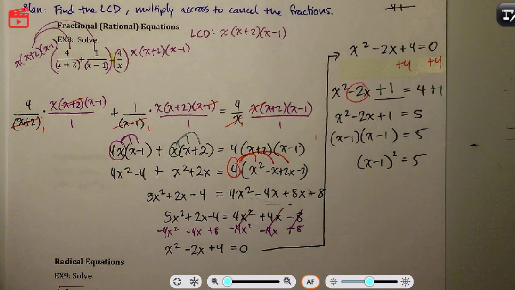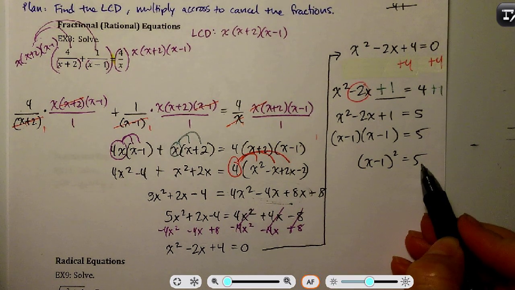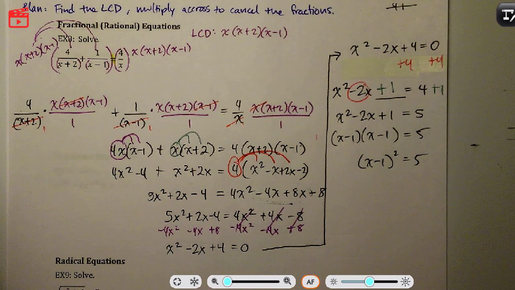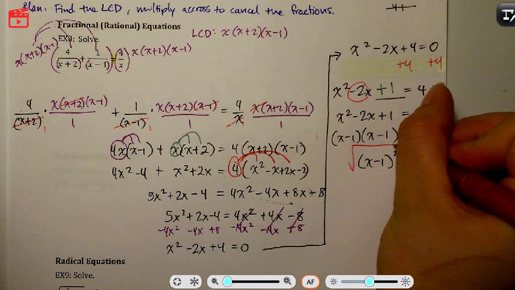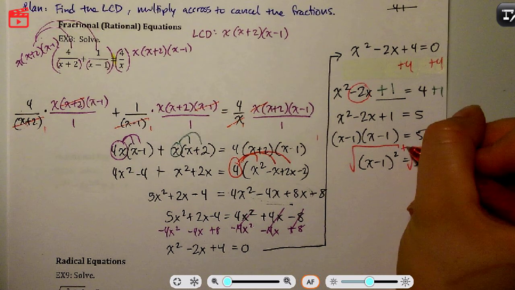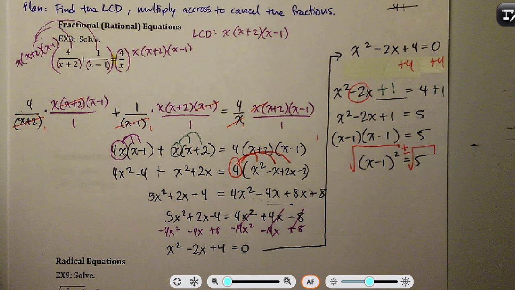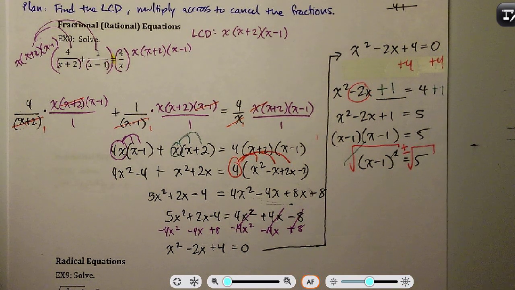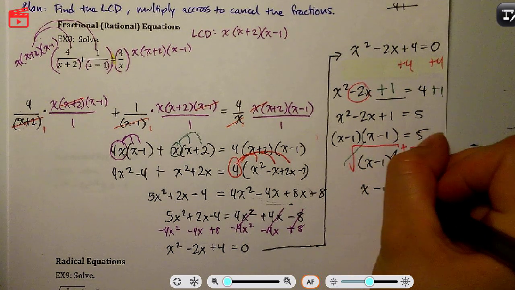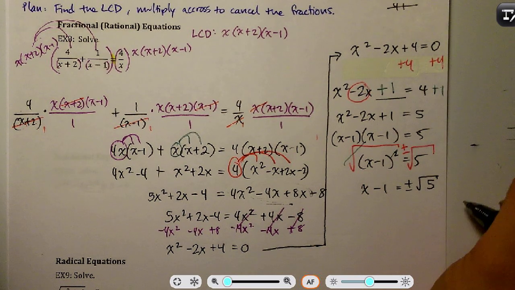And how do we solve that? We have a quantity squared equal to a number. Square root property, very good. Take the square root of both sides. Oops, forgot my plus or minus. Let's go ahead and do that. And when we do, the squares cancel each other out, and we get x minus 1 equals plus or minus the square root of 5.